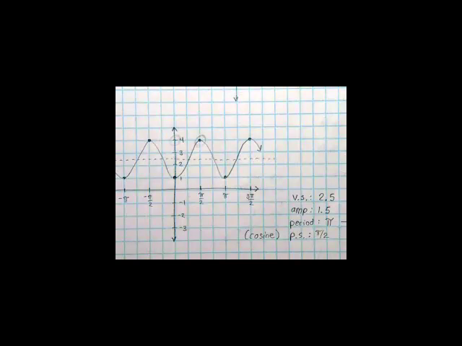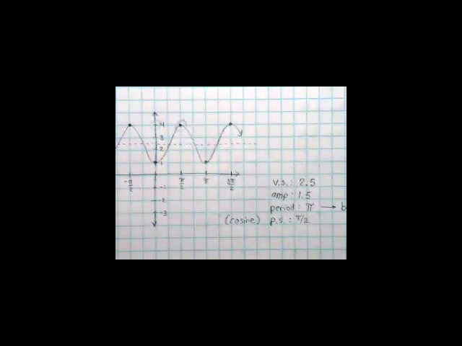So b would be a 2. The amplitude, the a is a 1.5. Phase shift, that's your c, that's pi over 2. Vertical shift, that's your d, 2.5. All you got to do is drop those four numbers into that first equation we looked at, and you got it.